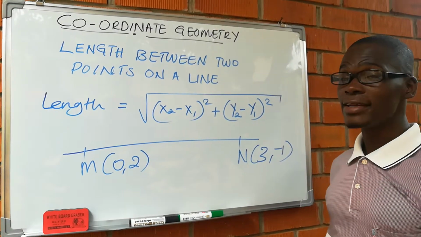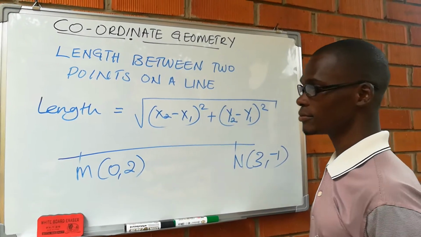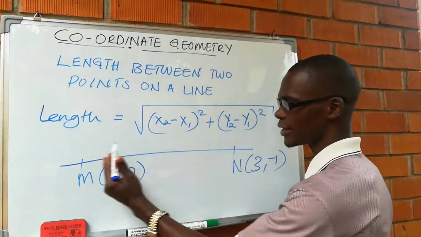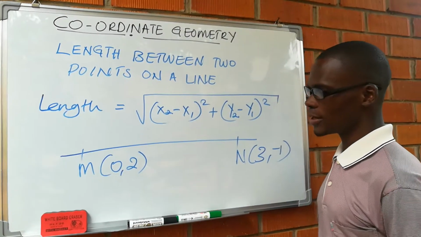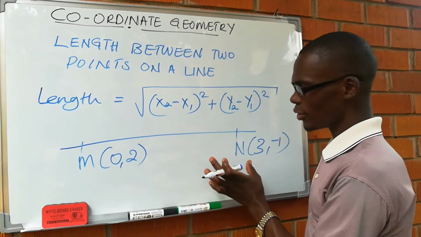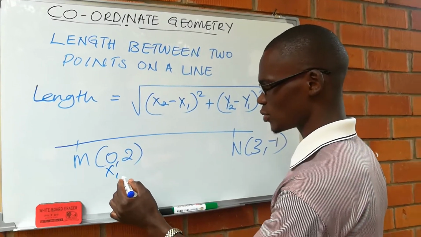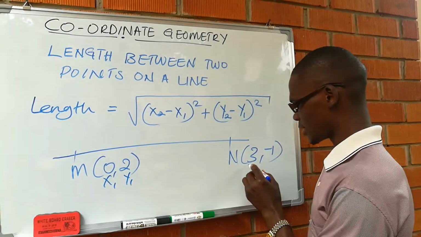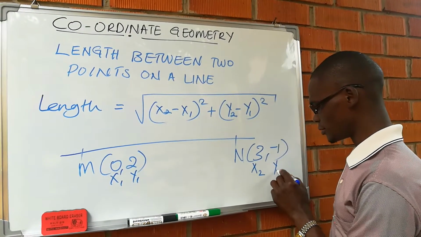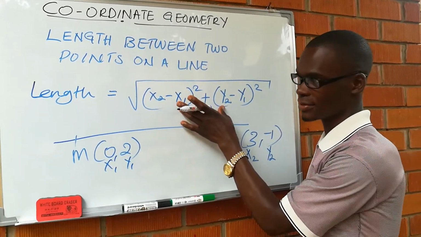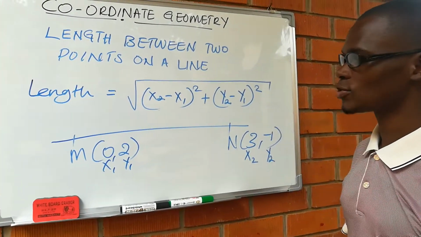We want to find the length between point m and n on this line. So when we are given the points, we shall name these points. This is x1, y1, x2, y2. After that, we substitute in this formula to get the length.